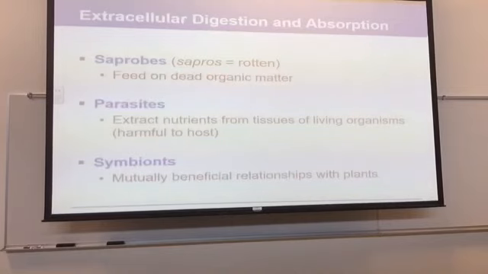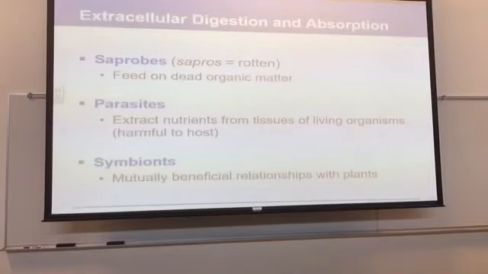Extracellular digestion, I already kind of discussed and demonstrated partially, because I'm not a fungus, what it would look like, how fungi eat. They shoot out those digestive enzymes and break down the ground around them. So saprobes or saprotrophs means that they're eating stuff that's dead or decaying. Some fungi are parasitic, which means that that's a symbiotic relationship where they are benefited and the other one is harmed.